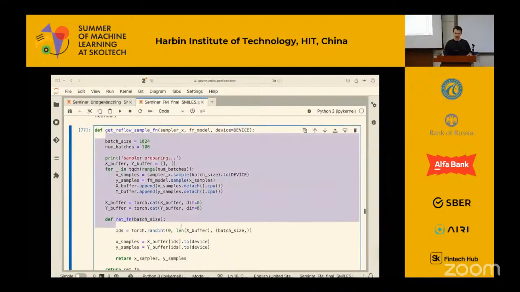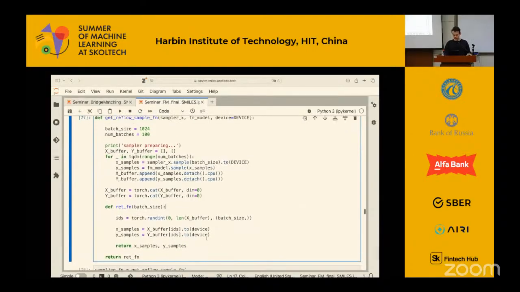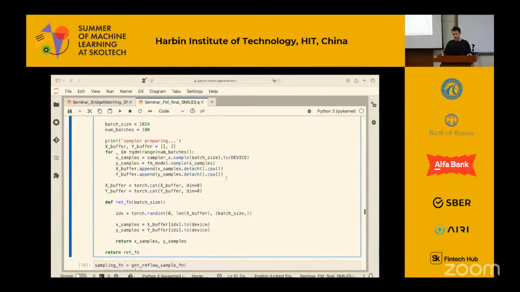So let's construct a new dataset for us. What we want to do here is to sample from distribution P0 and run inference of the previous flow matching on the given samples from distribution P0. This pair of samples would construct our new dataset.